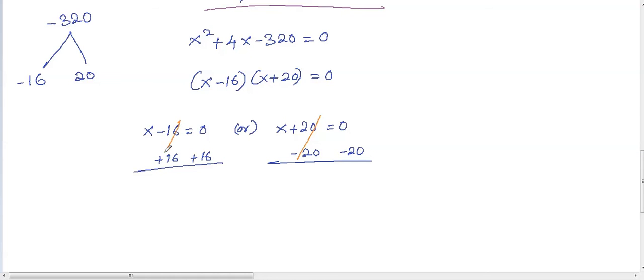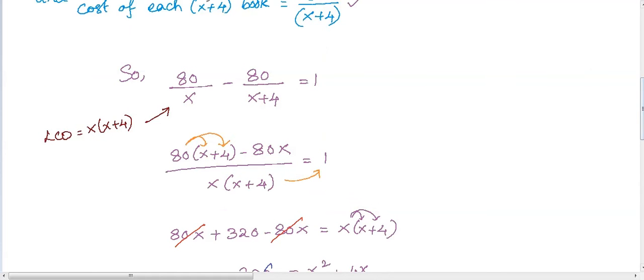So we need to consider only the positive value, which is x is equal to 16, and neglect the negative value, which is x is equal to minus 20. So the number of books he bought is 16.